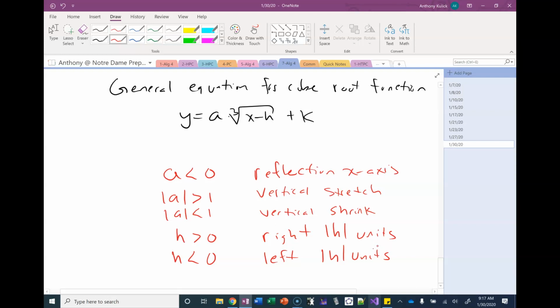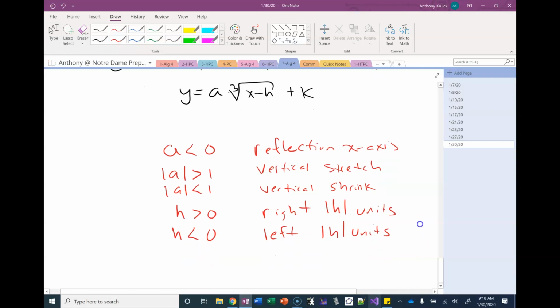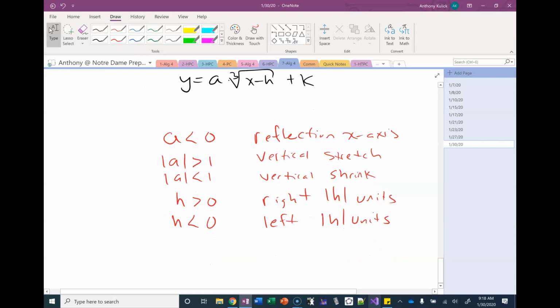And then what does the K do? That's also a translation. It's in the other direction though, so it's up and down. So when K is positive, we'll go up that much. And when K is negative, we'll go down that much.